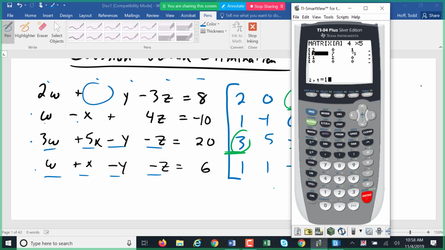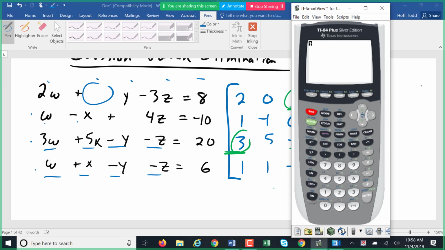I've got 1, -1, 0, 4, -10. There's my second equation. 3, 5, -1, -1, and 20. 1, 1, -1, -1, and 6. I've entered my matrix. I exit out of there.